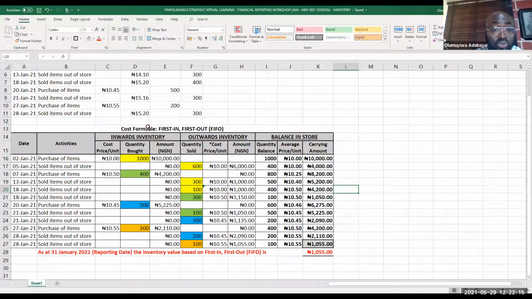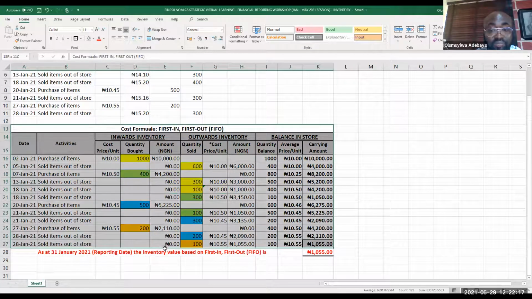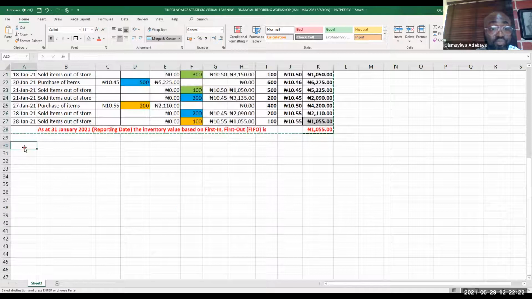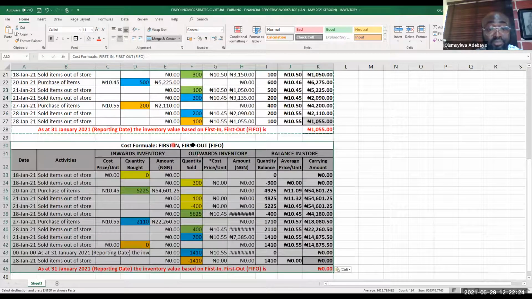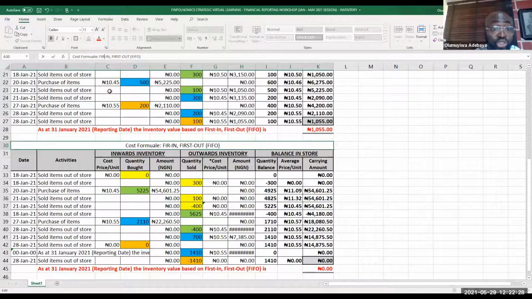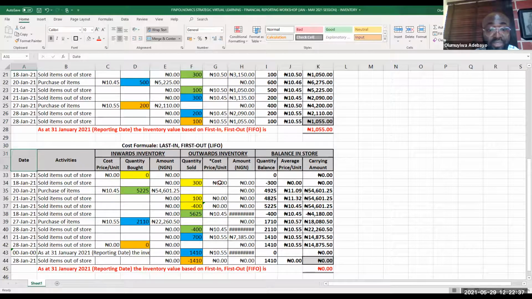Now, let's now compare this with last in, first out. Even though that is not permitted, I will emphasize it again. I'm just showing you this in order to explain the reason why IAS 2 does not permit that.